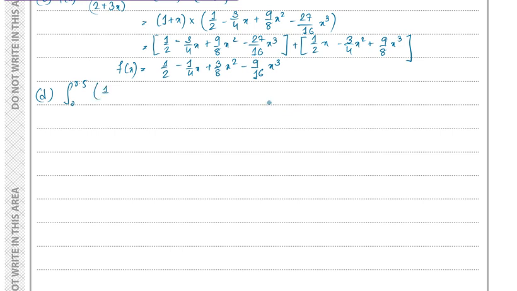So the integral from 0 to 0.5 of f(x), which we know is 1/2 minus 1/4 x plus 3/8 x squared minus 9/16 x cubed dx, because this whole expression is in terms of x, that's why it's dx.